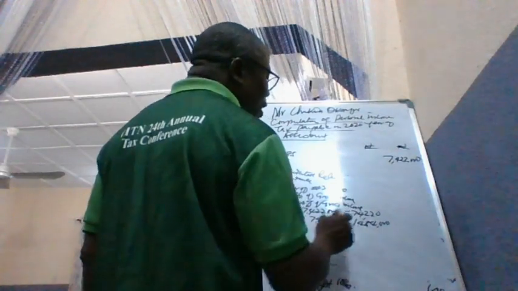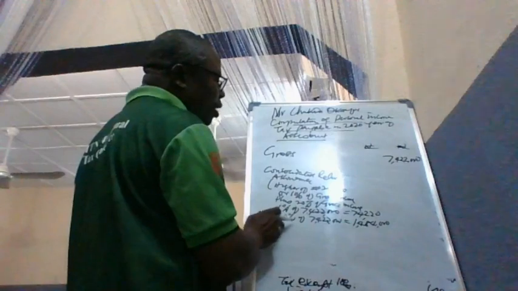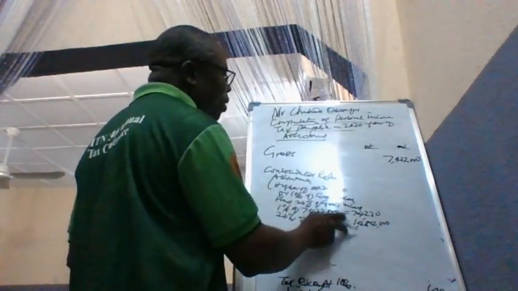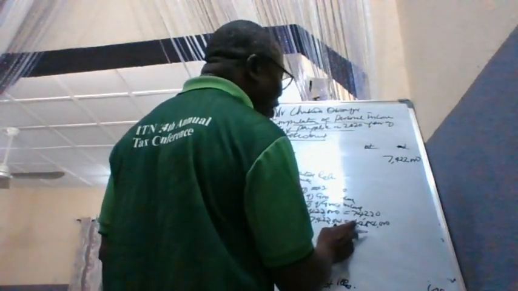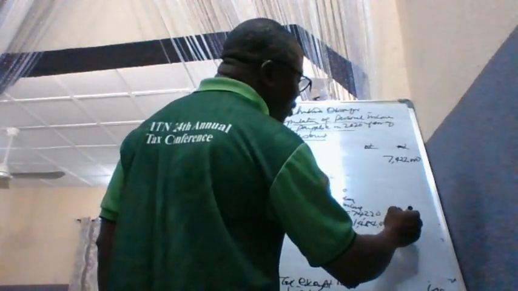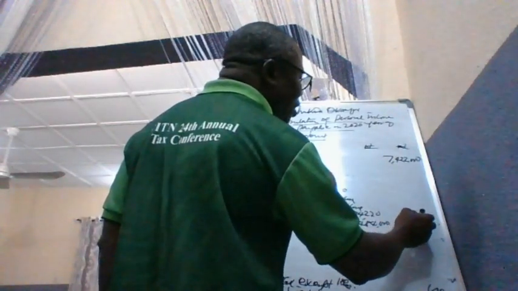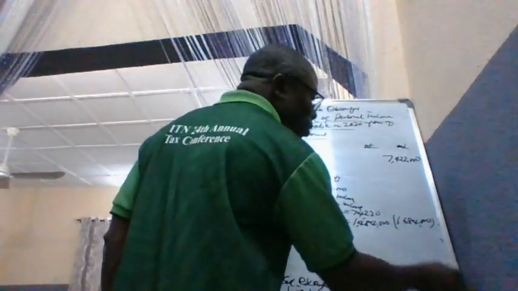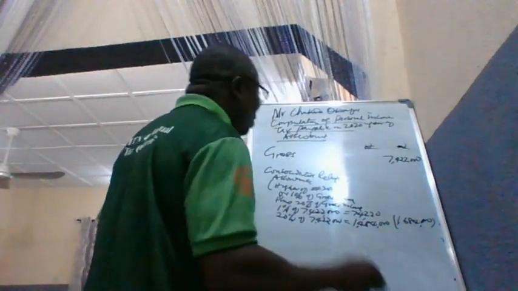Because consolidated is to add the 200 to the 20%, what we are going to have as our consolidated will be 200 plus 1,484,000 naira, and that will give us 1,684,000 naira. So don't forget that it is a subtraction. You are lessening it from the gross income.